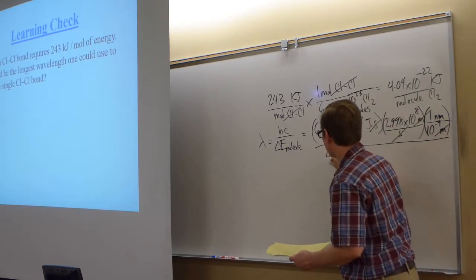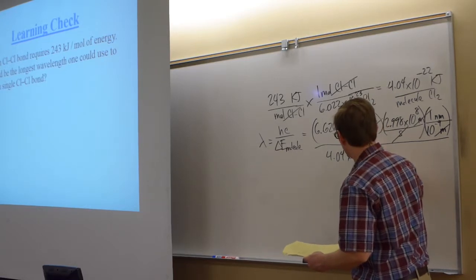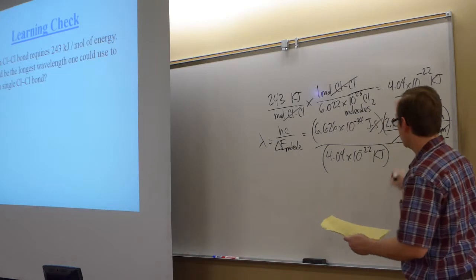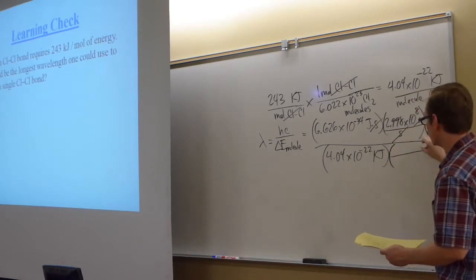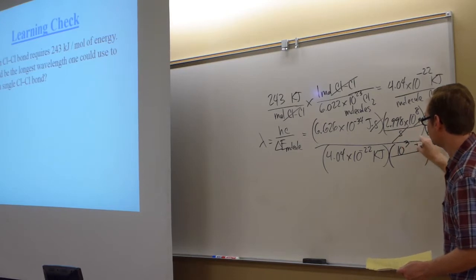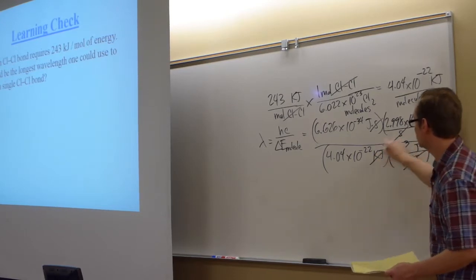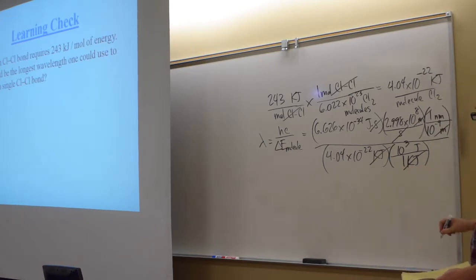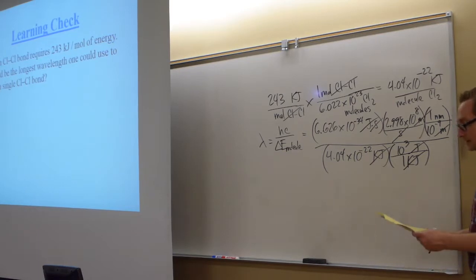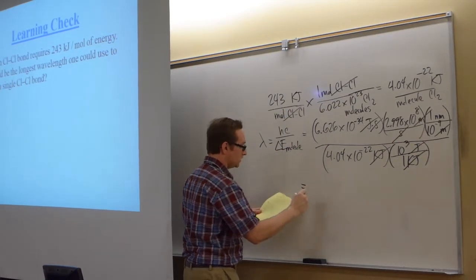Then we have this 4.04 times 10 to the minus 22 kilojoules, and we've got to get that into joules, so we have 10 to the 3rd joules per kilojoule. And now the joules cancel.